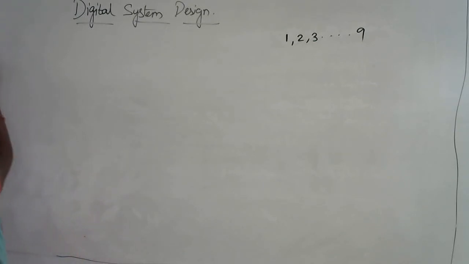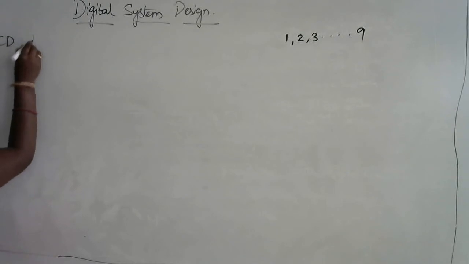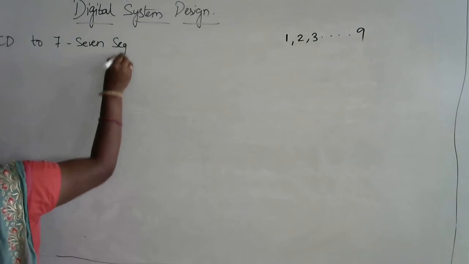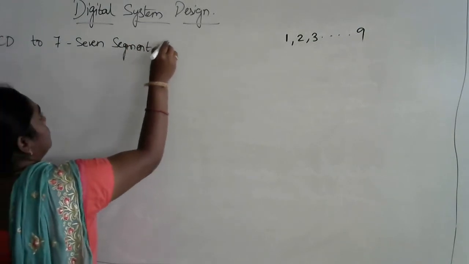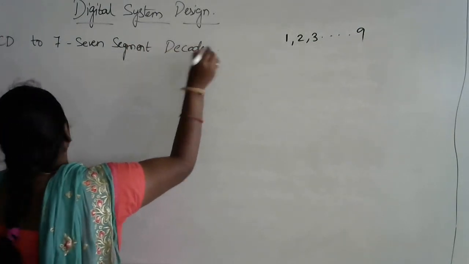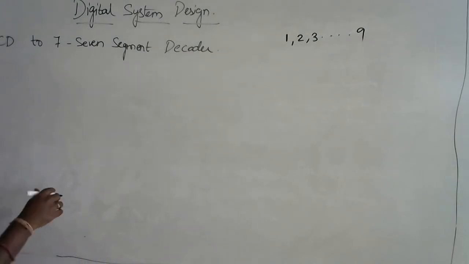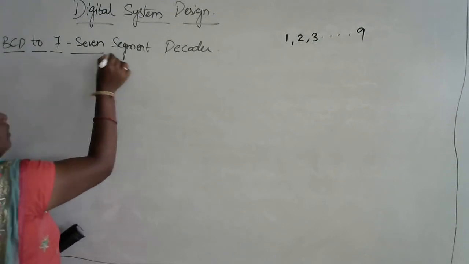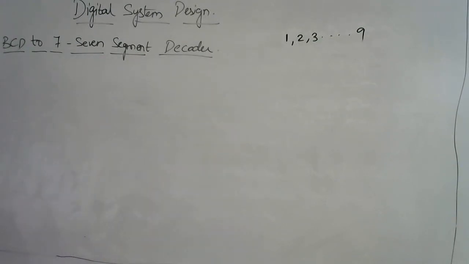The topic we are going to discuss in this session is the BCD to 7 segment decoder. As we know, the input is a BCD, a binary coded decimal, which has only the valid numbers from 0 to 9.